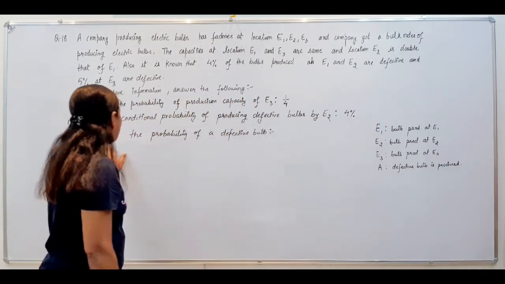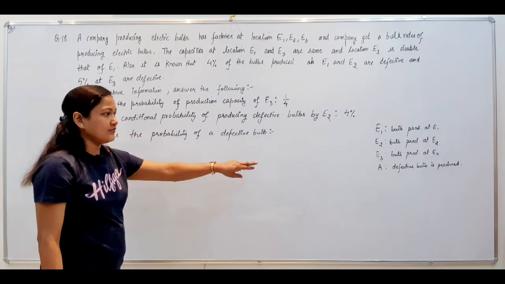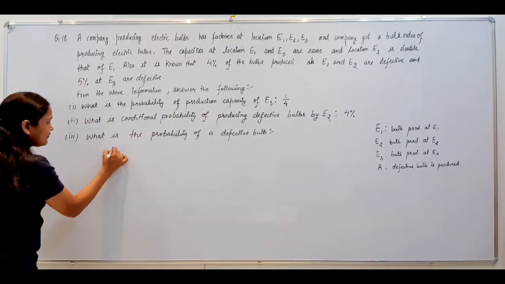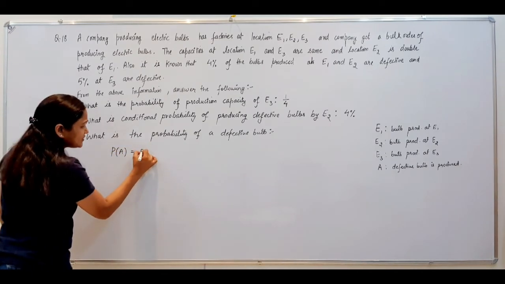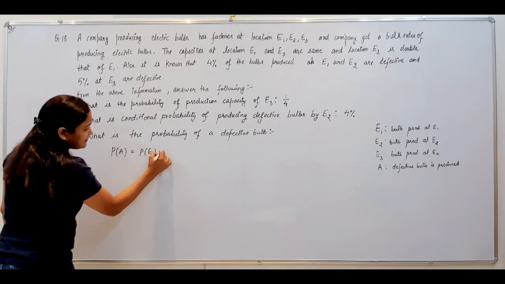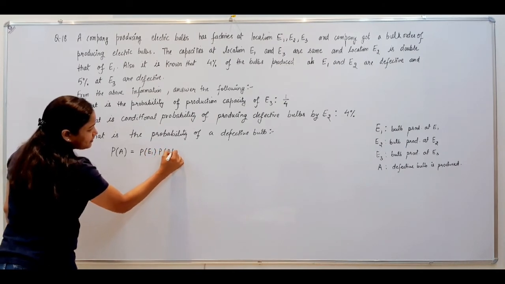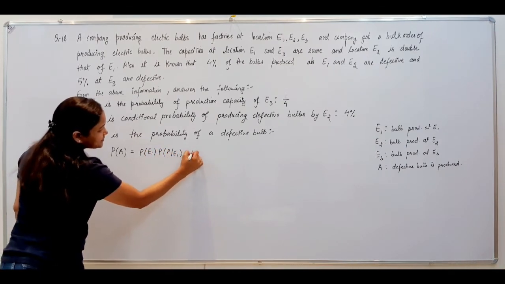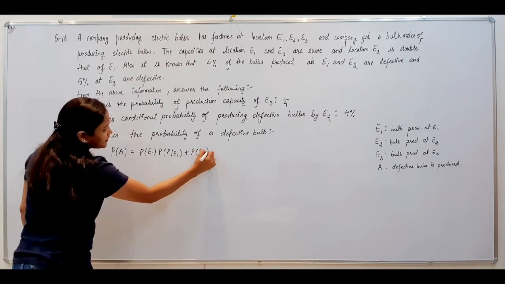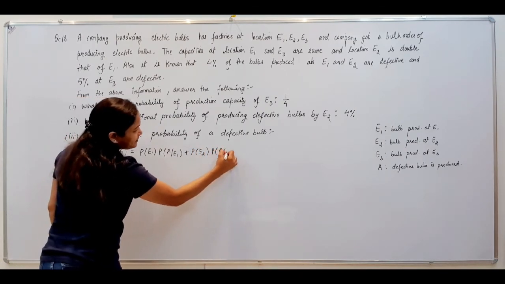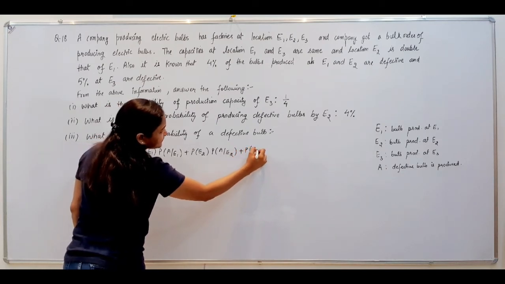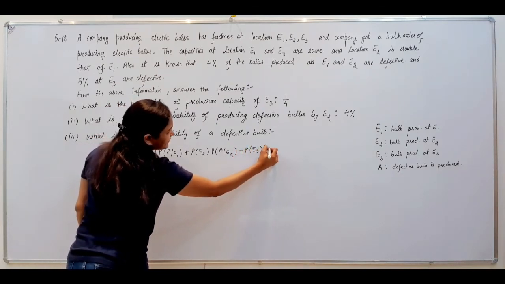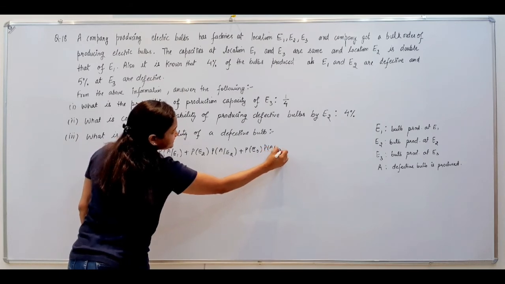Now you have to find the probability of a defective bulb. So the probability of a defective bulb will depend on all the 3 partitions. So probability of E1 into probability of A given E1 plus probability of E2 into probability of A given E2 plus probability of E3 into probability of A given E3.